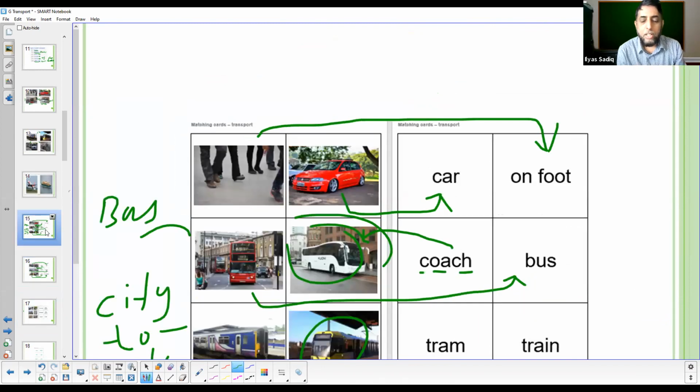Let's go back. If you see these two, they both look like buses, right?